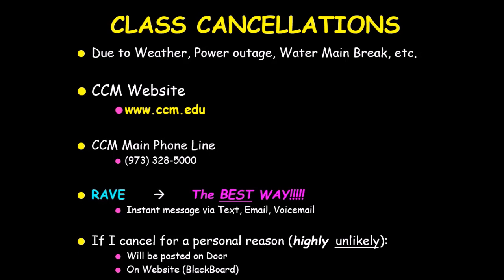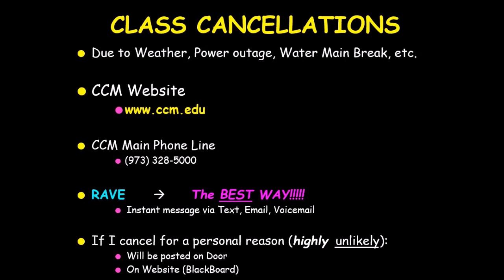But the best way, if you haven't done this already, is Rave. I think if you go to your account on the CCM website, you will see that there's something called Rave. Rave is one of these things where you put your cell phone number, your email address, something like that, and you'll get this umbrella text or email or voicemail stating what's happening on campus, that there was a snowstorm so Saturday's things are all canceled, or there was a delayed opening or whichever.